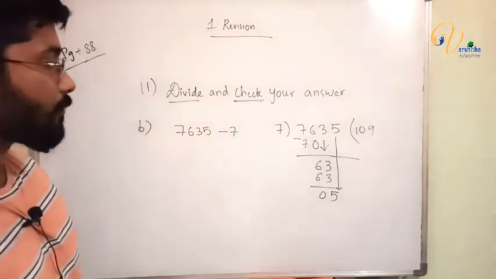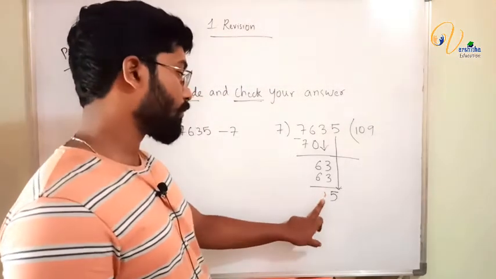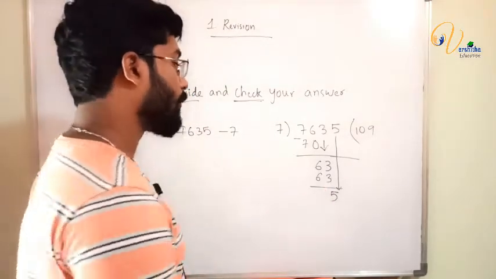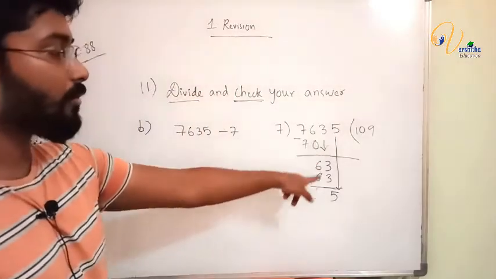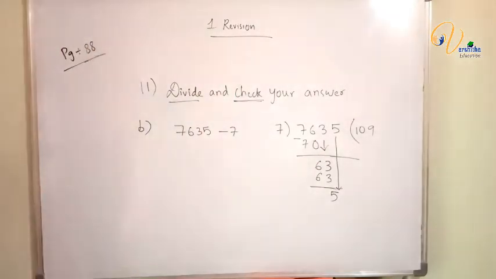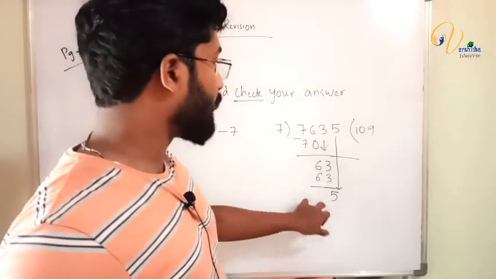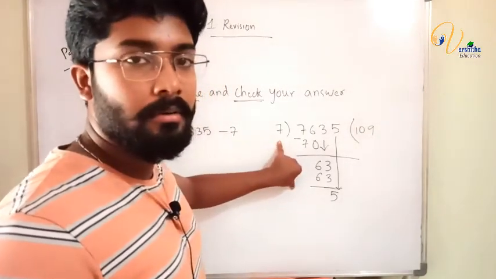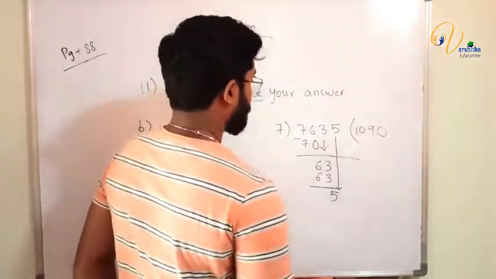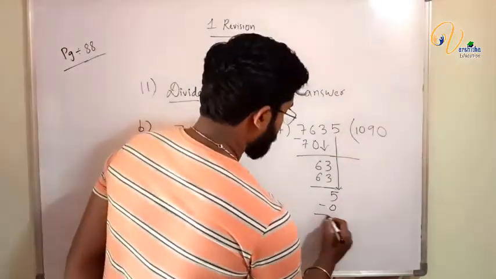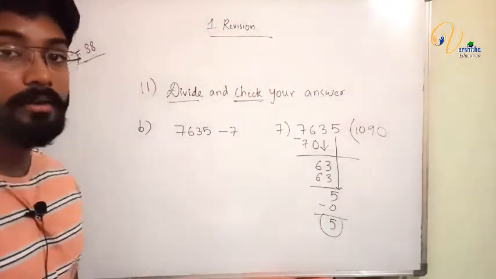If you had decimal points, you could do something, but here you only have 5 now. Is 5 divisible by 7? No. So 7 zeros are 0, and you will ultimately get 5 as the remainder.